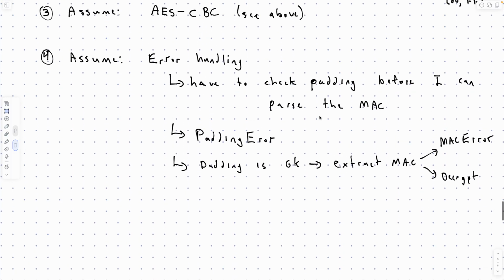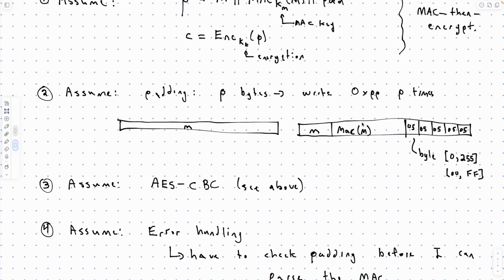So you'll decrypt it, and then what you need to do is figure out where the message ends and where the MAC ends, and you don't really know that because you don't know the size of anything. So you're going to go to the very end and look at the last byte. And it's going to tell you, say, 5, and you're going to say, okay, that's a padding byte. That means I'm expecting 5 padding bytes.